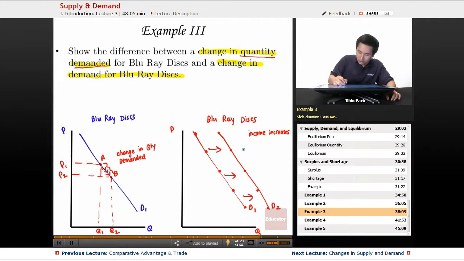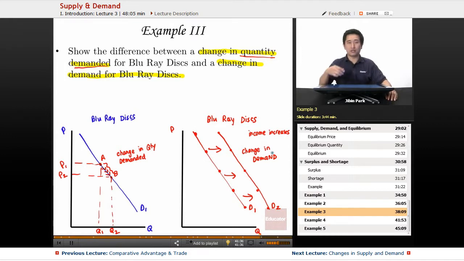So this here is a change in demand. When something other than the price of the actual product changes, then there's a change in demand. Here, there's merely a change in quantity demanded. So again, that's one of those things where it's good to know what causes a change in demand versus a change in quantity demanded. Same thing applies to a change in quantity supplied versus a change in supply as well.